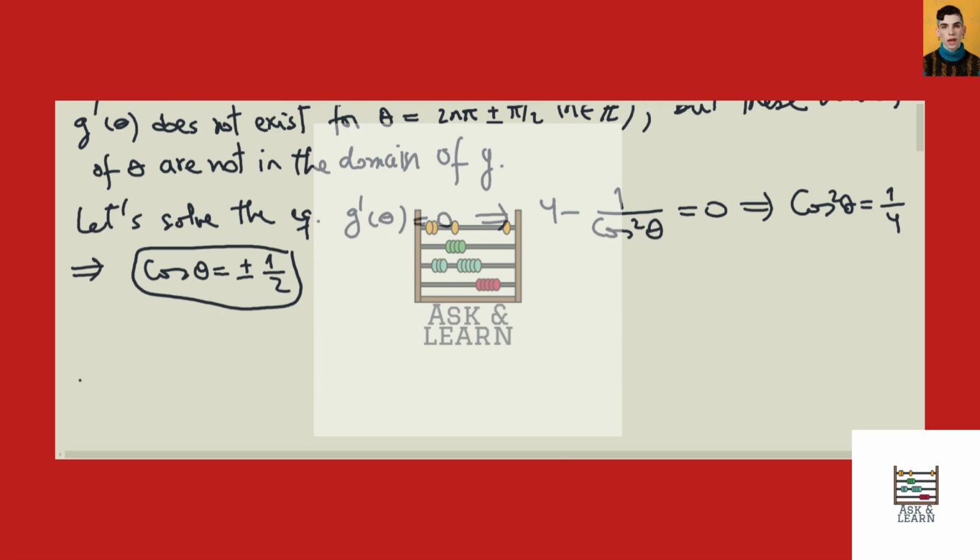If we look again at the cosine function, what we are looking for here are those values of the argument of cosine for which we have the value 1/2 and for which we have the value negative 1/2. And we know the cosine is an even function, so if we know one value which is a solution, we know that the negative value also is a solution.